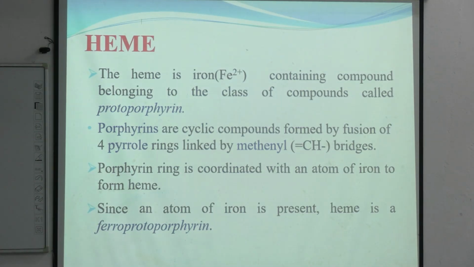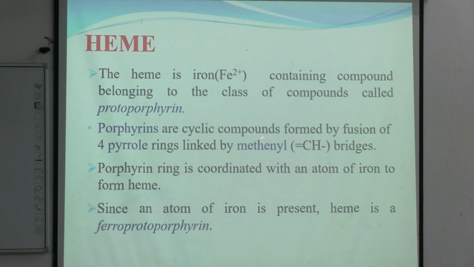So this is an iron containing group which belongs to the class of compounds known as protoporphyrin. To be specific with heme, the compound is protoporphyrin. There are various porphyrins we will get to know during the steps of heme biosynthesis. They are known as a group of porphyrins.